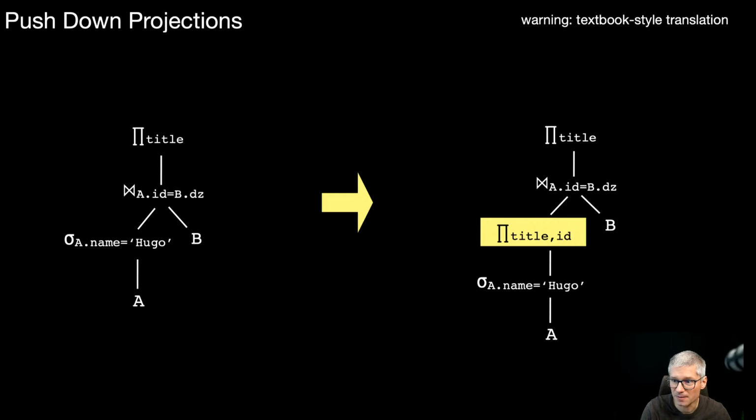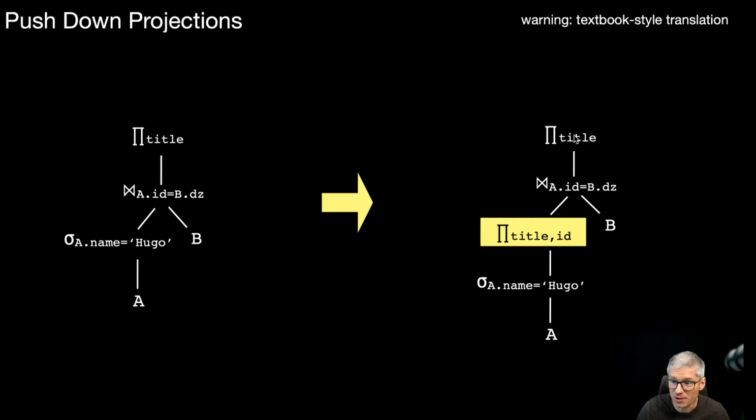Here's another variant of pushing down things. Before, we pushed down the selection, but I could also push down projections. So how does that work? Here, in the overall plan, I only want to display the title. So the question is, why do I keep all the other attributes of the relations if in the end I only project to title?